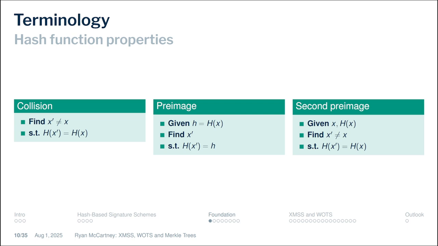To get you on track, we are now in the part of the foundations. We have some assumptions that you already know, but this is about the level that you already need to know, which is collision resistance on hash functions, pre-image resistance, and second pre-image resistance.